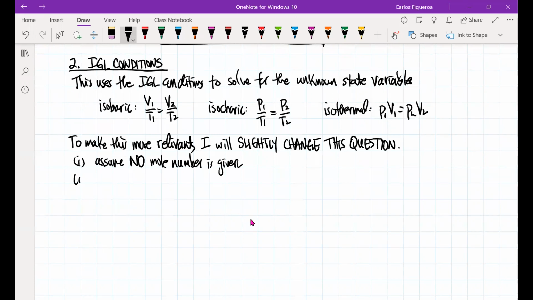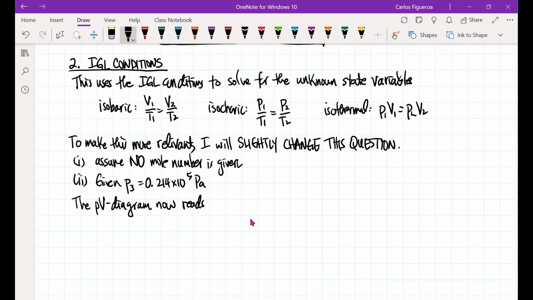And then the other thing I'm going to do here, I'm going to be given pressure 3. So pressure 3 from what we just calculated is this guy right here. So if I do that, then the PV diagram now reads like this.